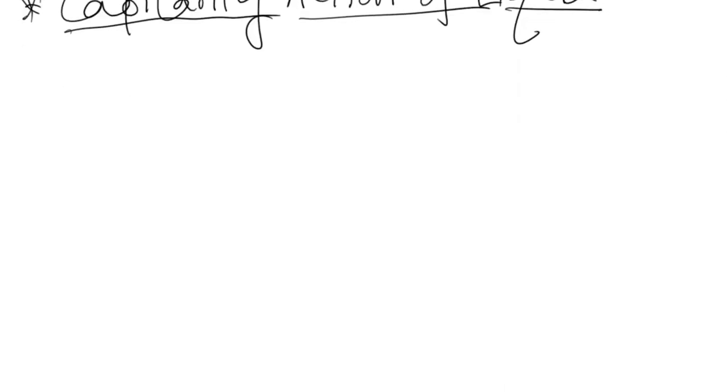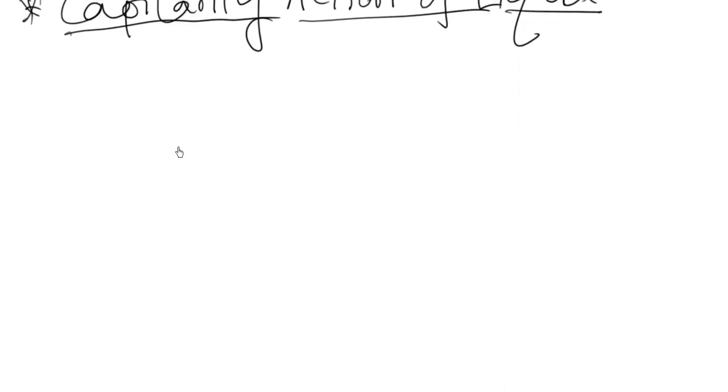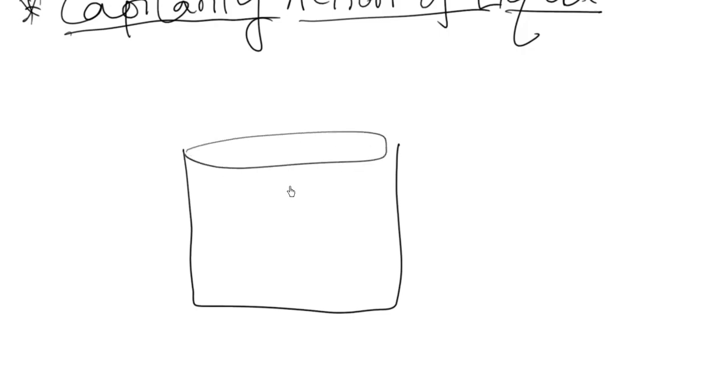Say for example, I'm now drawing here. So we have a liquid here, for example, water. A tube having a very small and uniform area of cross section is known as a capillary tube.